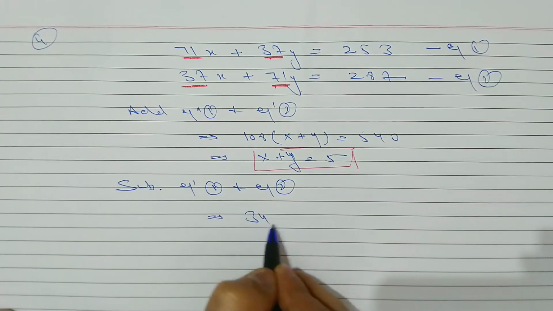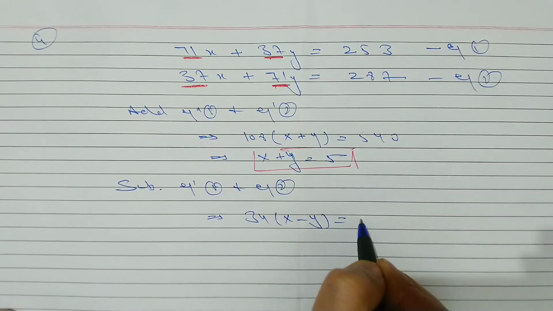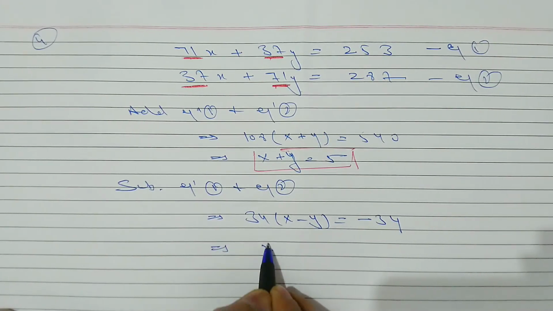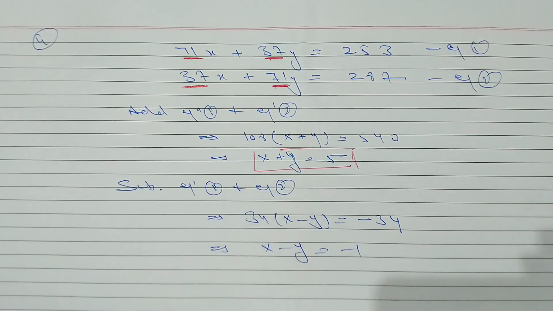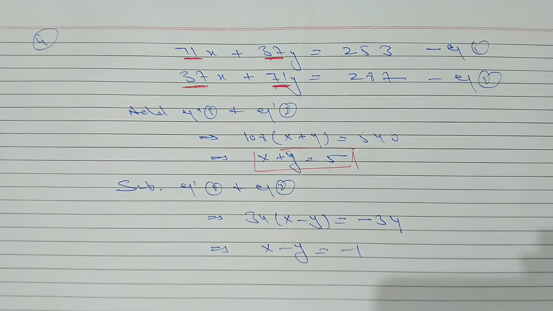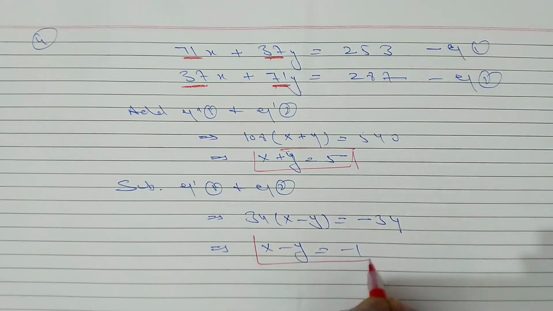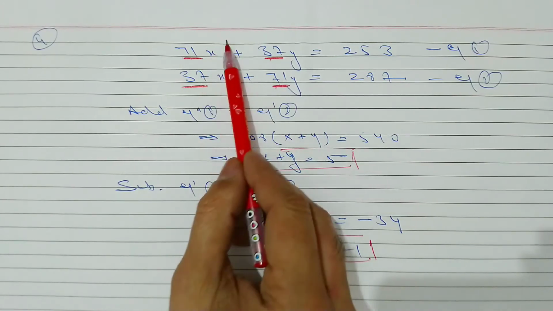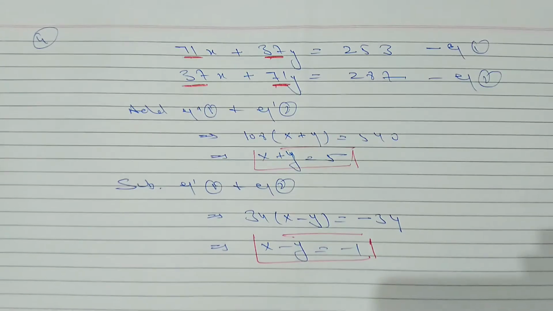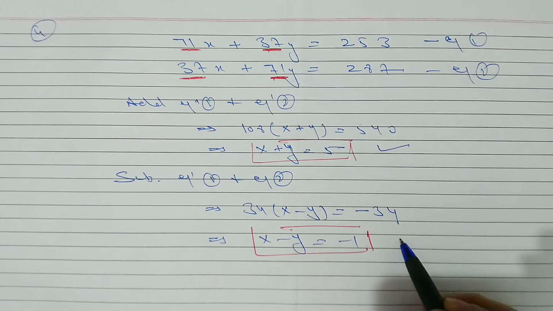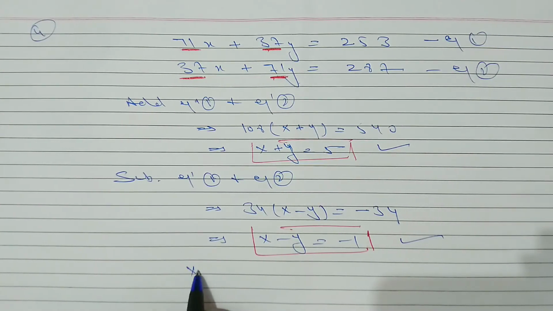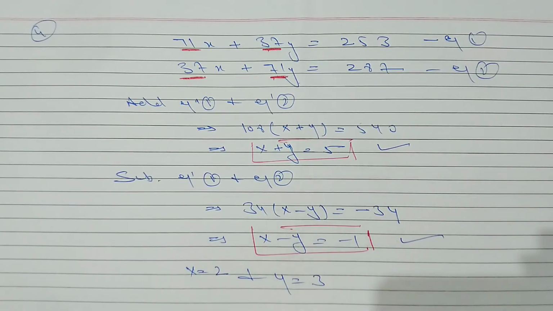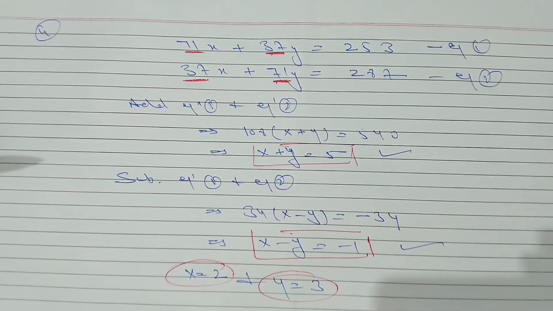We get 34x minus 34y equals minus 34, which implies x minus y equals minus 1. Means first add both the equations and then subtract both the equations. Simply by solving these two equations, we get x equals 2 and y equals 3. Answer: x equals 2 and y equals 3.